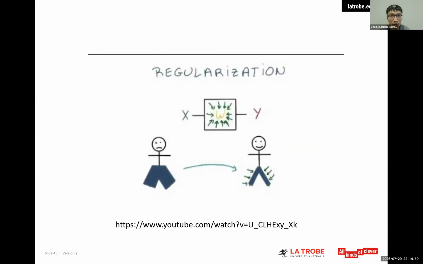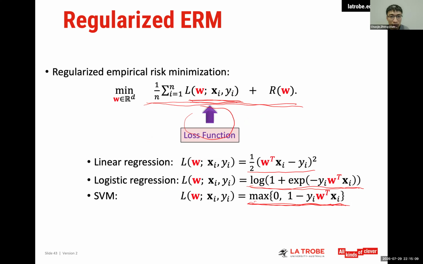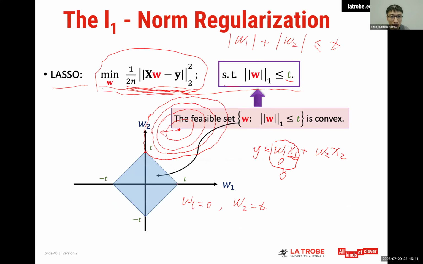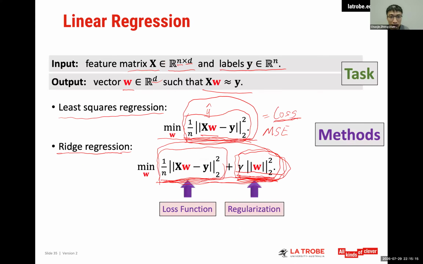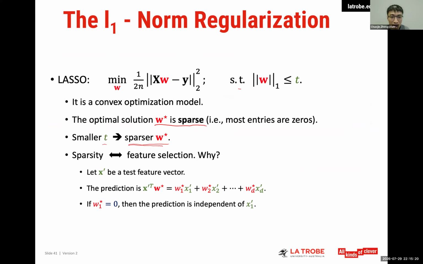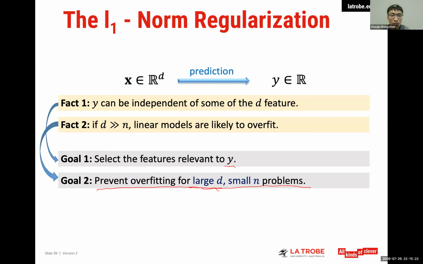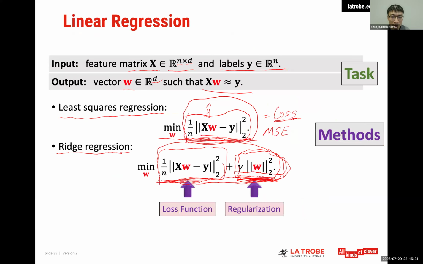And here is a video for the introduction of regularization. I will just leave it to you. So for this regularization part, you don't need to memorize this complex equation, but you need to know the characteristics of L1 norm and L2 norm usage as the regularization terms.